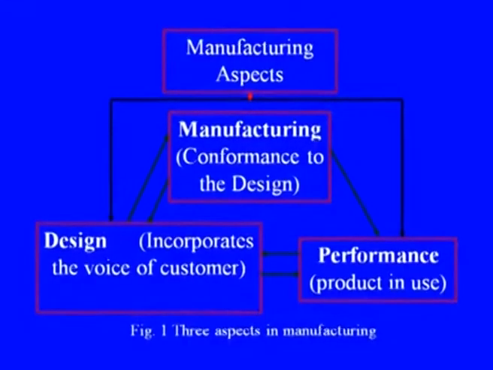Here at this stage, the performance of the product will be tested, and depending on its performance, the feedback of the user will be given to the designers, where the design of the product may get improved according to the feedback of the customers.